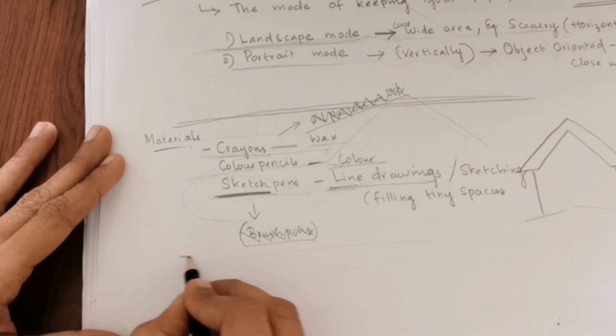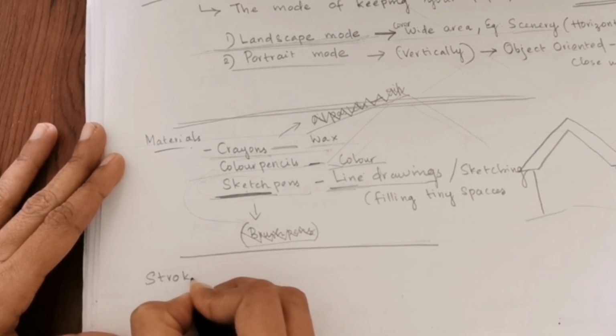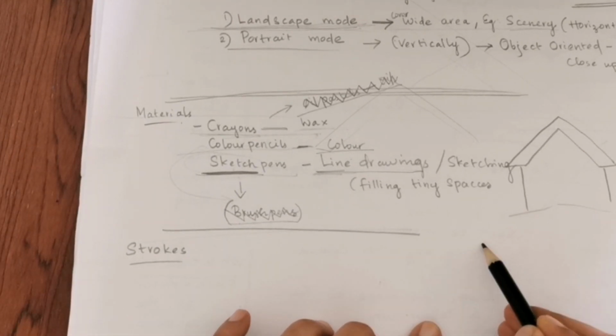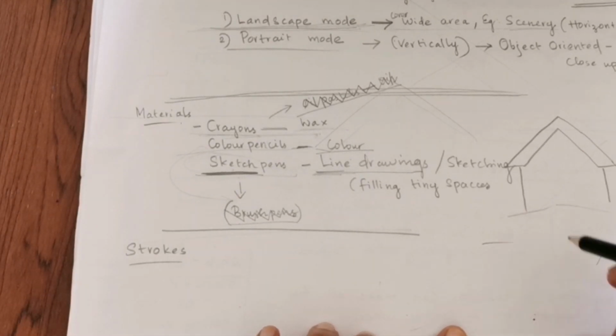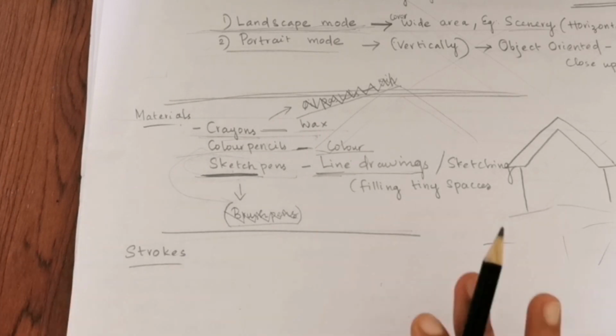Okay, the next term you need to learn is called strokes. While coloring, whatever medium it is, we have learned about these three mediums, you have to focus on the movement of your hand for the application of colors.